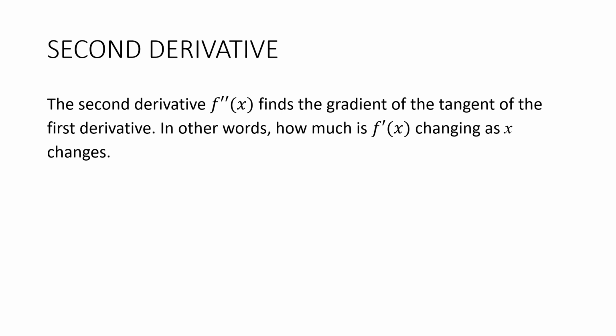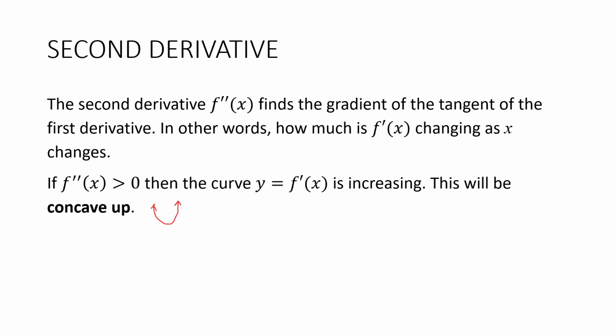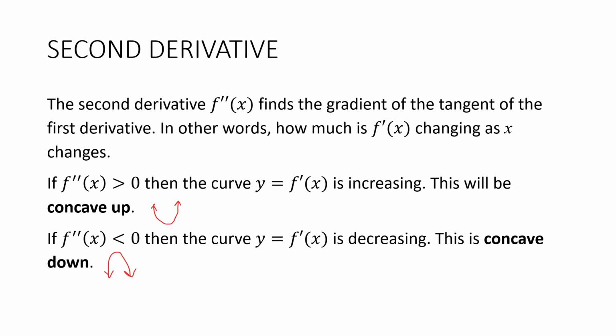Now, if f''(x) is greater than 0, then the curve y = f'(x) is increasing, and this will mean that it is concave up. If f''(x) is less than 0, then the curve y = f'(x) is decreasing, and this is concave down.